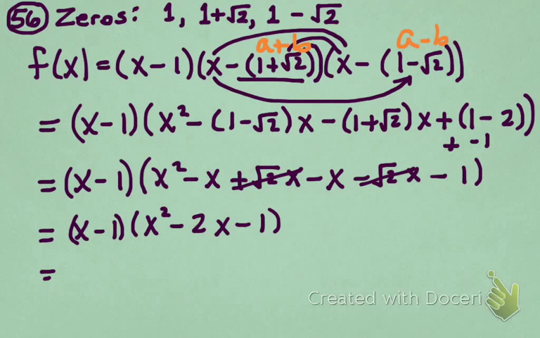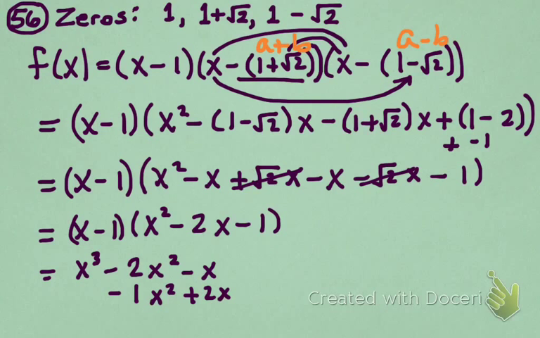And then this becomes the same little setup we had earlier on the previous problem. When I distribute the x, I get x cubed minus 2x squared, wait, that's a square, and then minus x, and now I'm going to distribute the negative 1. So I'm going to write that so that I'll line up with my like terms. So that's minus 1x squared, and then plus 2x, and then plus 1.